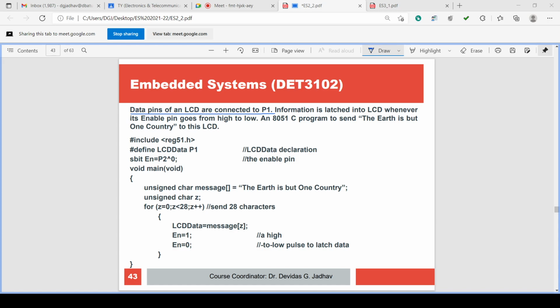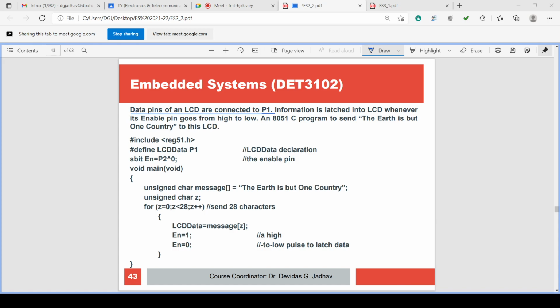And in that memory we have to store whatever we want to display, and we have to enable it for storing. Make a write signal, give the write signal, read, write, enable, all the signals. Then we have to connect the VCC, ground, etc. to the LCD. So the LCD module is having all these connections, and if you want to display a character in ASCII 8-bit, we have to transfer it from our microcontroller to the LCD module.